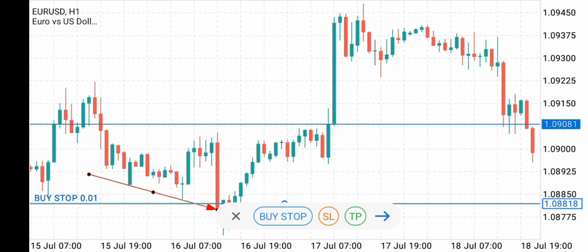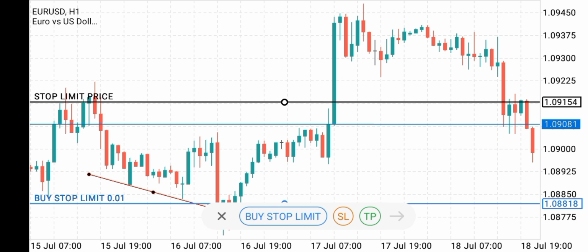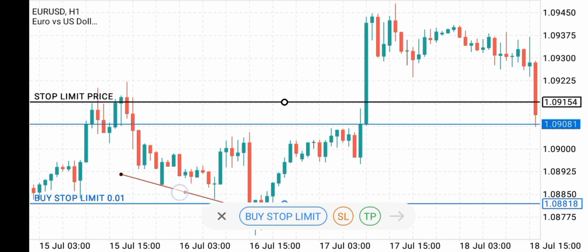So this is a buy limit right here. You can simply set a buy limit right here, and your broker will enter the trade on your behalf so that you will not miss that trading opportunity.